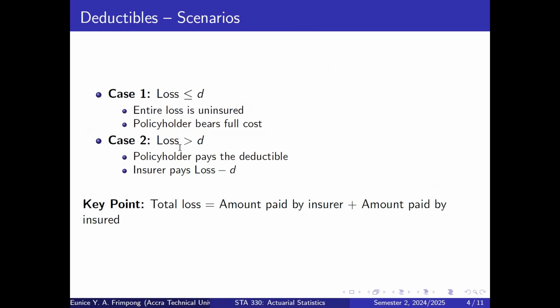Now, this means the policyholder pays the deductible and the insurer pays the rest, which is the loss minus the deductible. So in summary, total loss is equal to the amount paid by the insurer plus the amount paid by the insured. Now, understanding this helps clarify how financial responsibility is split in such an insurance contract.